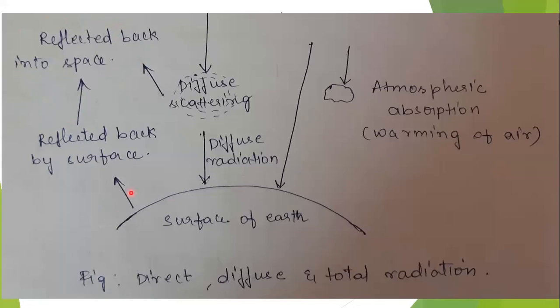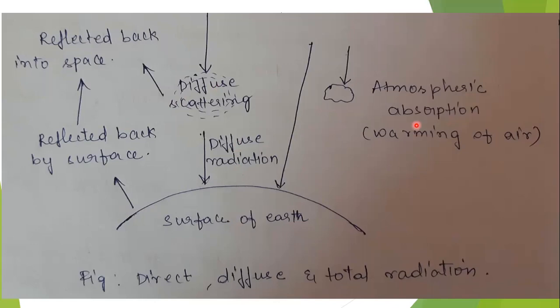From the surface of the earth, some part of solar radiation is reflected, and here diffuse scattering occurs. Okay, so after diffuse scattering, we are getting diffuse radiation directly to the surface of the earth.